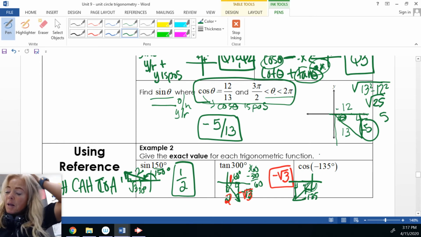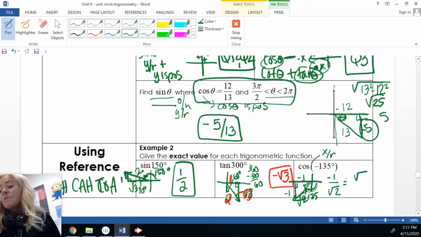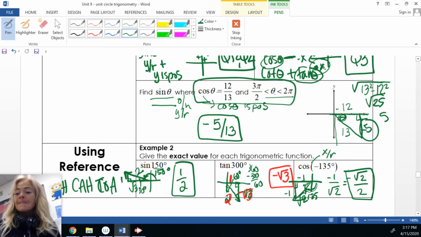And that means my sides are going to be 1, 1, radical 2, but they're negative, negative 1, because I go back and down. And then radical 2 is that side. And if I want the cosine, remember that's x over r. X is negative 1 over r, which is radical 2, which rationalizes to negative radical 2 over 2.